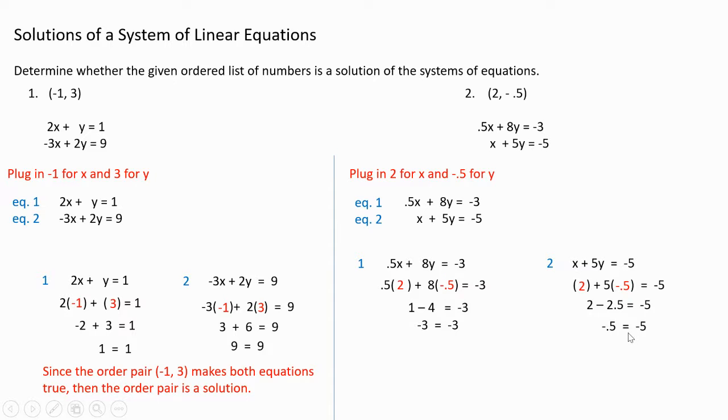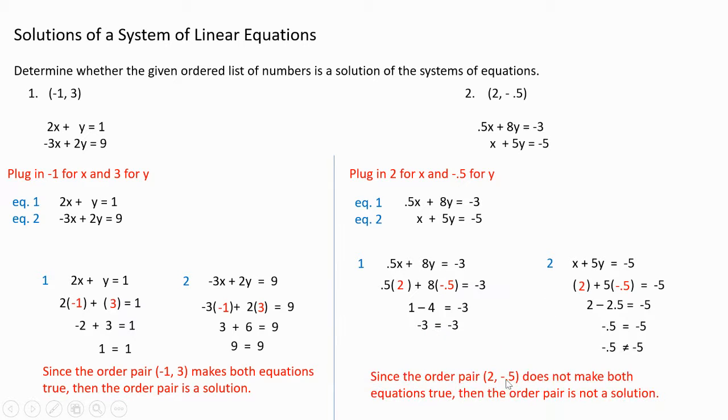And -0.5 does not equal -5. So the point 2, -0.5 is not a solution to the system of linear equations here. Why? Because it has to be true for both. If it does not make both equations true, then the ordered pair is not a solution. So number 1 was a solution, and number 2 was not.